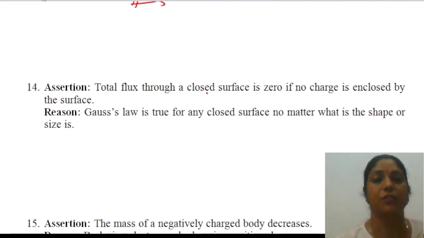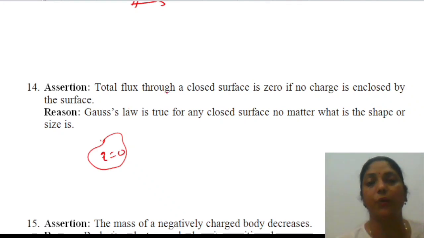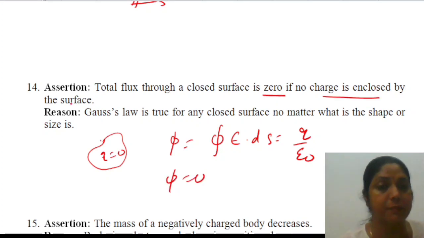Total flux through a closed surface is 0 if no charge is enclosed by that surface. Suppose there is an enclosed surface and net charge inside it is 0. So what is written? Total flux through a closed surface. What is flux? Phi equals, according to Gauss theorem, the integral of E dot dS equals Q by epsilon naught, right? So it is written that total flux through a closed surface is 0 if no charge is enclosed by the surface.